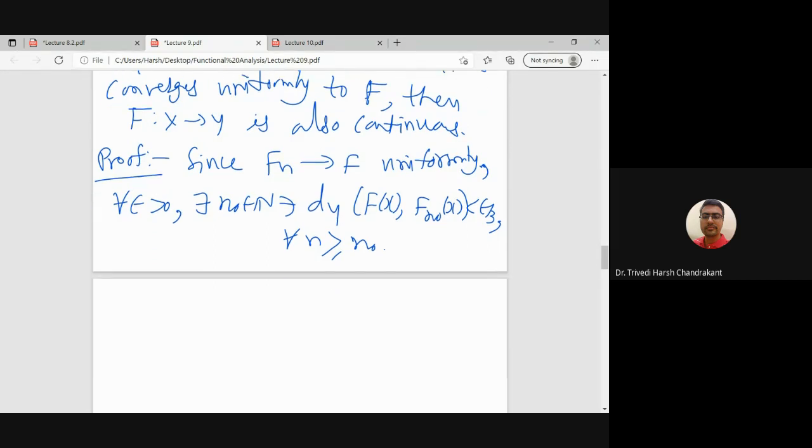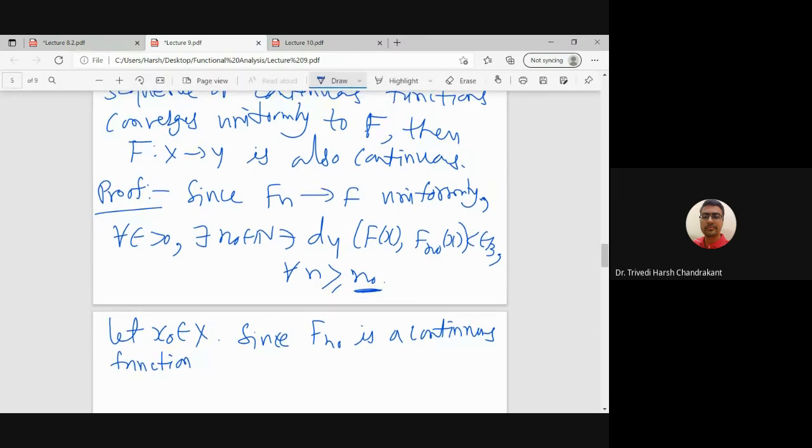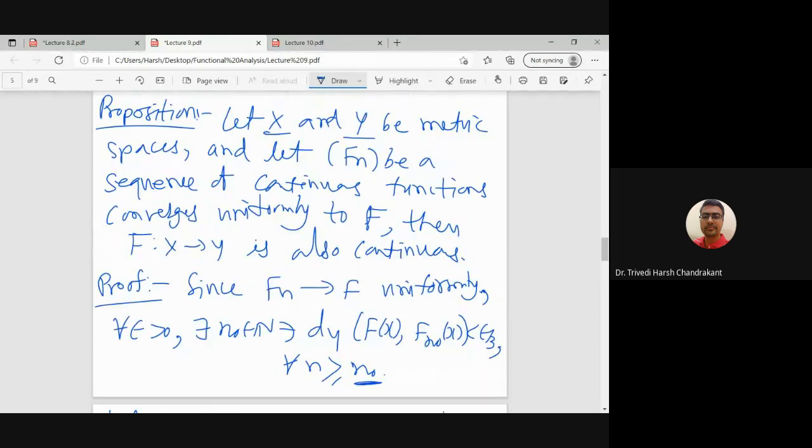And on the other hand, each function is continuous. Since our function corresponding to this number n naught, that is f_n naught, is a continuous function, so what is f_n? f_n is a sequence of continuous functions on X, right?